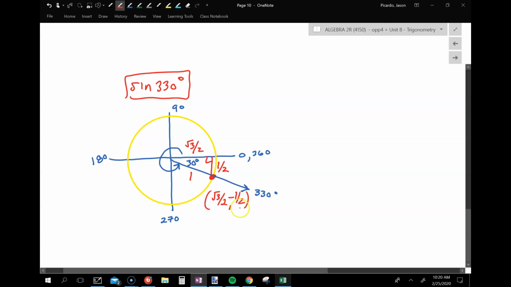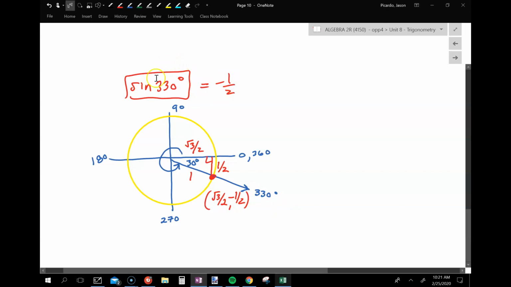Okay, ready? Here's where it all comes together. Does sine come before or after cosine? After. So does sine go with the x or the y? The y. What's the y value here? Negative 1/2.